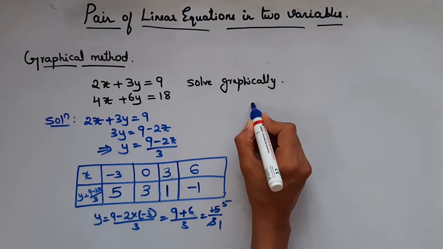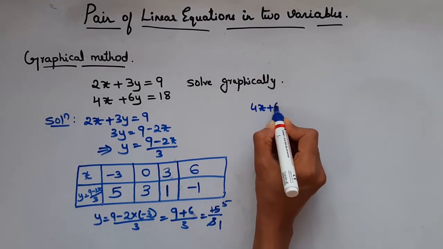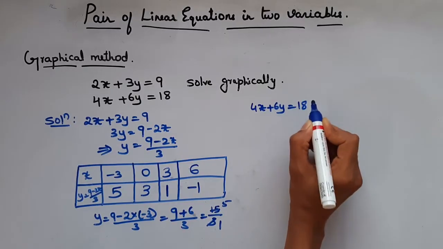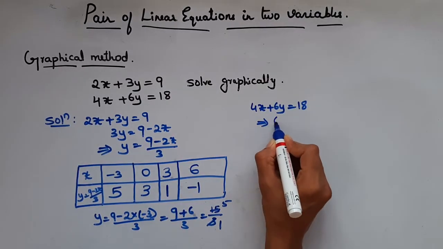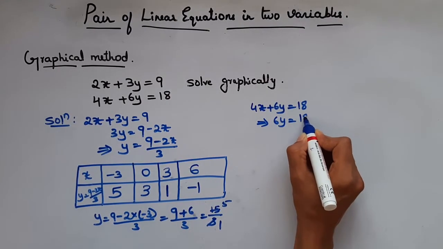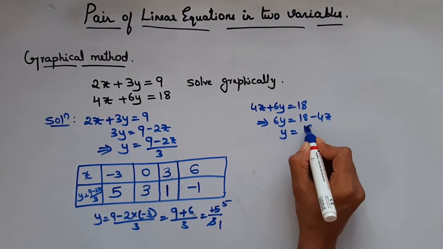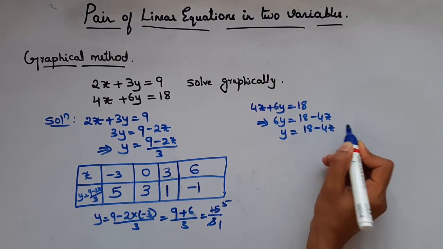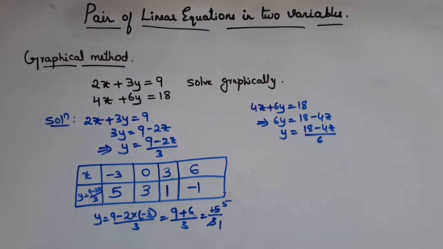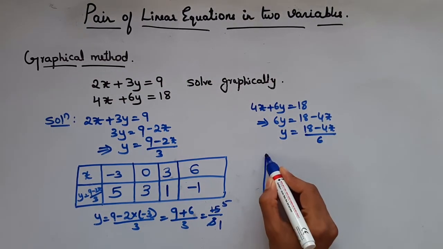We have equation 4x plus 6y is equal to 18, which implies 6y is equal to 18 minus 4x, where y is equal to (18 minus 4x) by 6, right? Similarly, we'll find the values for y.